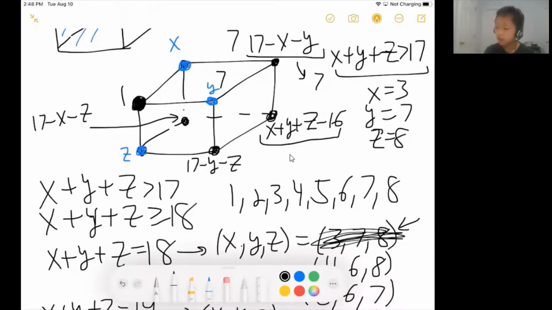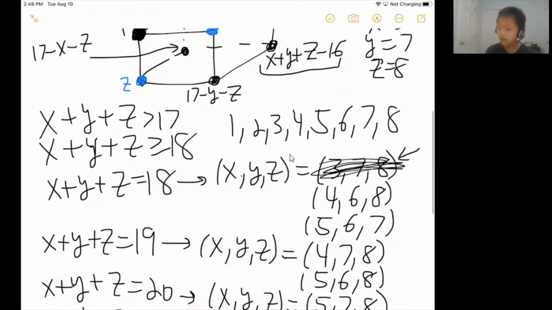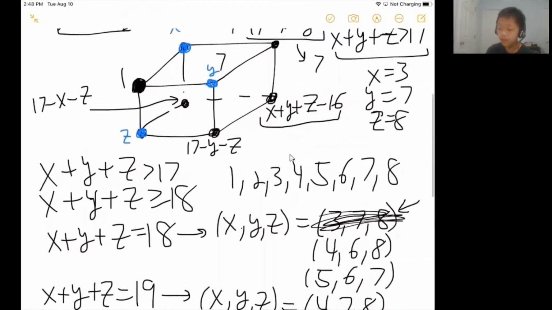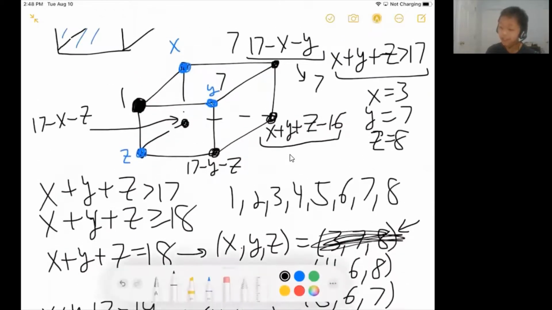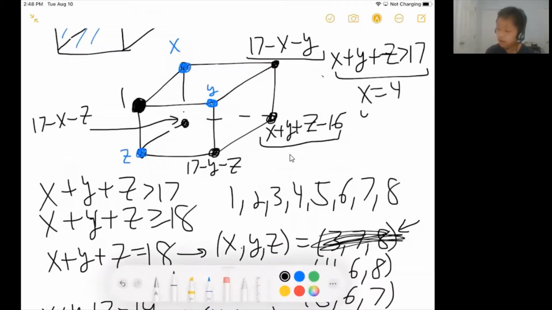Now let's move on to the case for 4, 6, 8. Let's check if this one works. So it turns out this one does work. So I'll briefly show why it works. In this case, we have x equals 4, y equals 6, z equals 8.